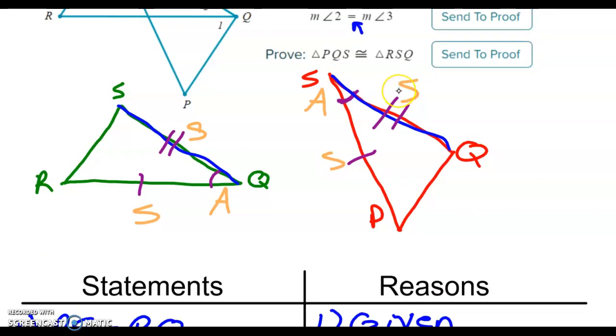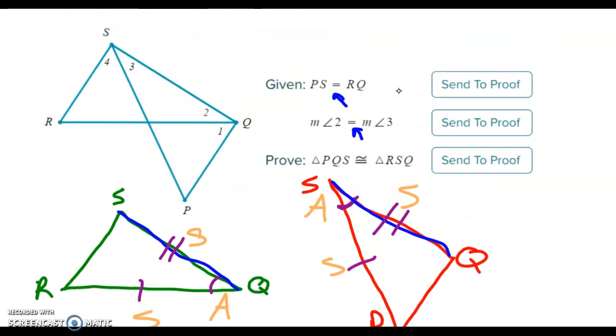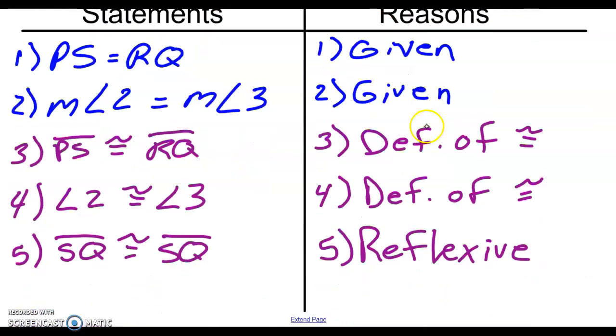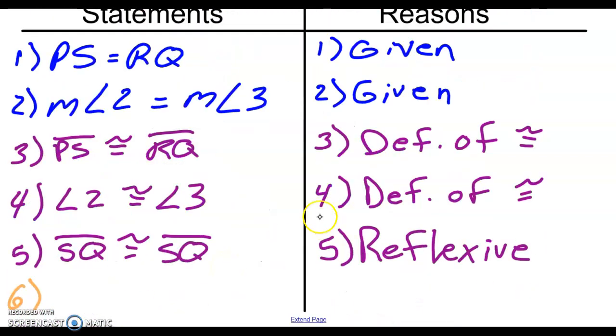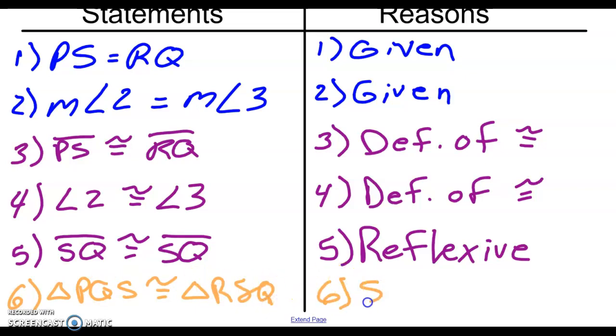We're ending up with side, angle, side in this situation. So triangle, what were they named? PQS and RSQ. PQS is congruent to triangle RSQ by the side, angle, side theorem.